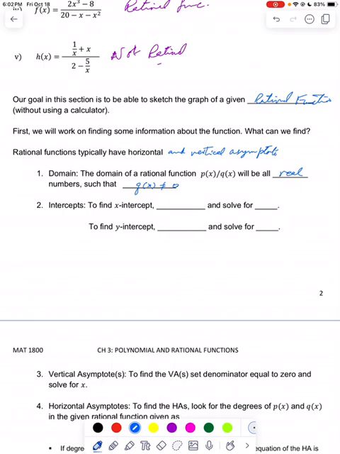And to find the y-intercept, you set x equal to 0 and solve for y. So to find the x-intercept, set y equal to 0 and solve for x. To find the y-intercept, set x equal to 0 and solve for y.